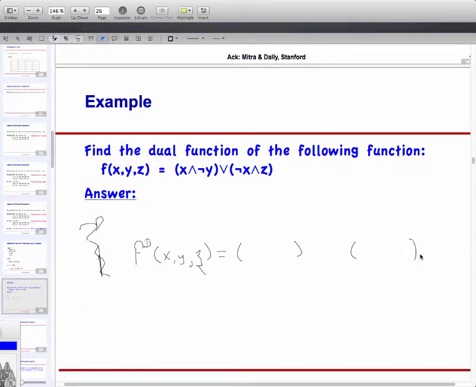Okay, so first, how would you go about doing it? We are replacing all the ands by ors, all the ors by ands. So this middle one will become or here. This guy will become and. This guy will become or. Okay. And what else?